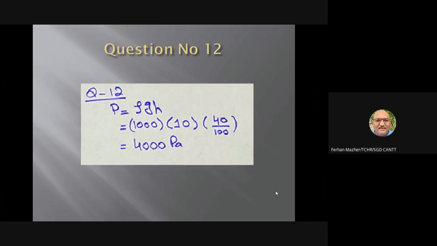So rho 1000 into 10 into 40 divided by 100. Why did I divide by 100? Because that 40 was in centimeter, so I will convert it into meters. To convert centimeter into meters, you have to divide by 100. When you do this calculation, 4000 Pascal. So the pressure in that gas chamber is 4000 Pascal less than the atmospheric pressure.